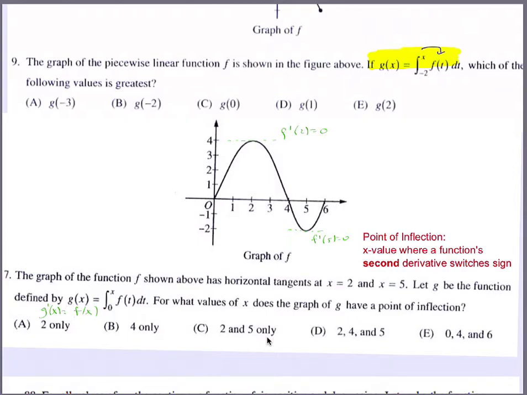So for what values of x does g have a point of inflection? This is something we've covered a little bit. We'll talk about more later in the year, but point of inflection on g means g double prime of x changes sign, either goes from positive to negative or vice versa. Well, since g prime of x is f of x, that means g double prime of x is the same thing as f prime of x.